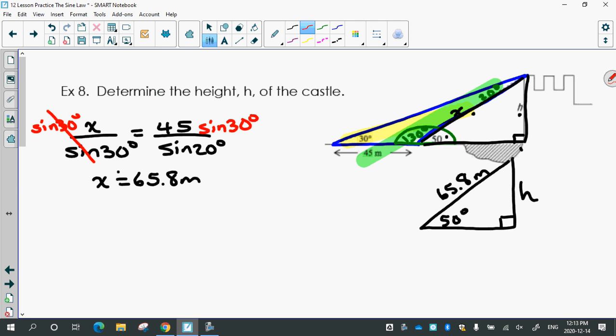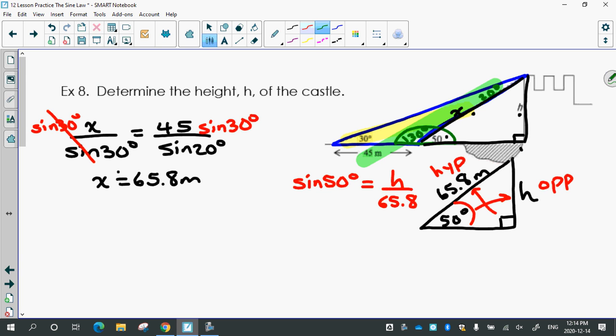And this is a right angle triangle. So in fact, I can use sine law for a right angle triangle if I want to, or I can use SOHCAHTOA. I'll show you that they both work. If I was going back to SOHCAHTOA, I would name according to this angle, opposite and hypotenuse, which means I could use the sine ratio. So I would do sine 50 equals opposite, which is h, over hypotenuse, which is 65.8.